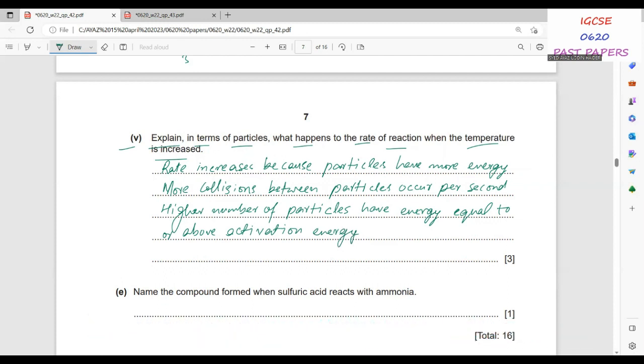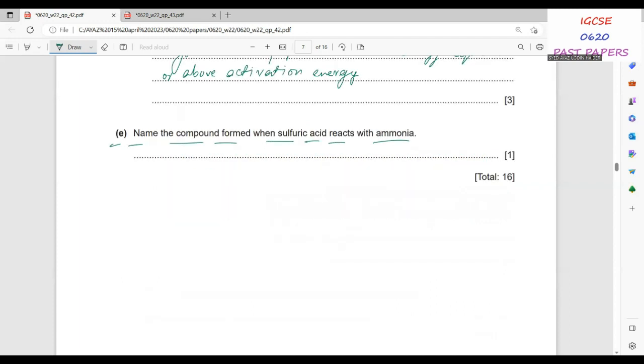Name the compound formed when sulfuric acid reacts with ammonia. When mineral acids react with ammonia, they form ammonium salts. So when ammonia plus mineral acid, we get ammonium salt.